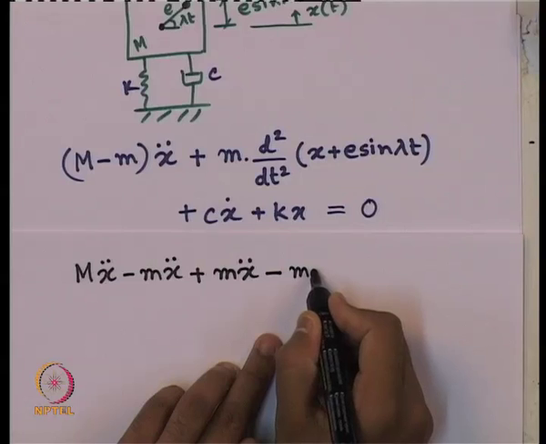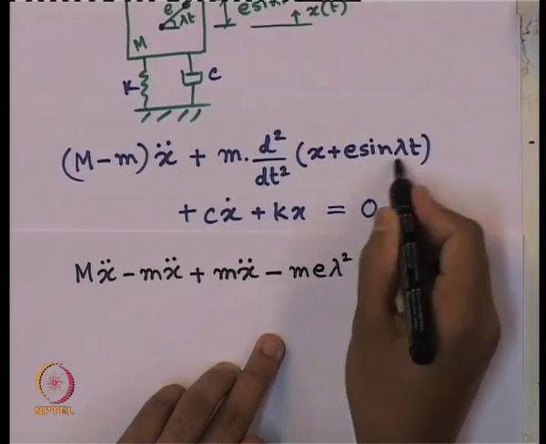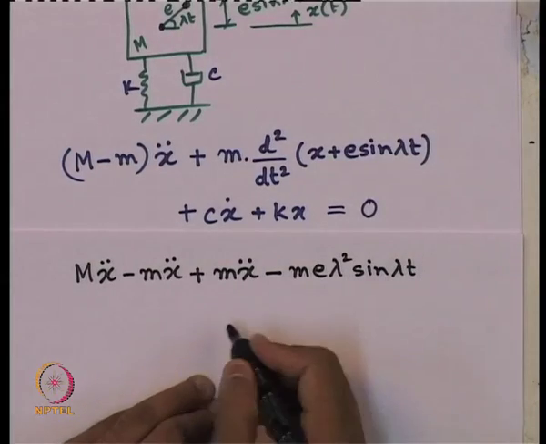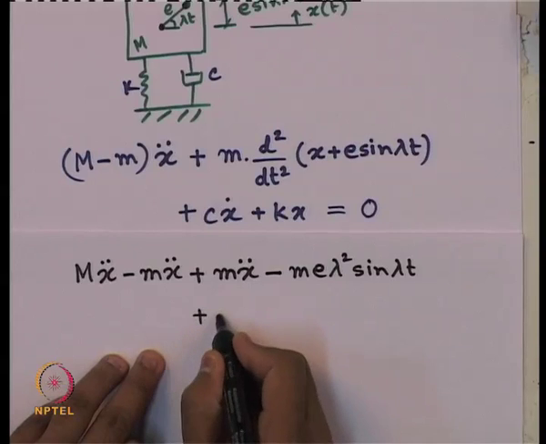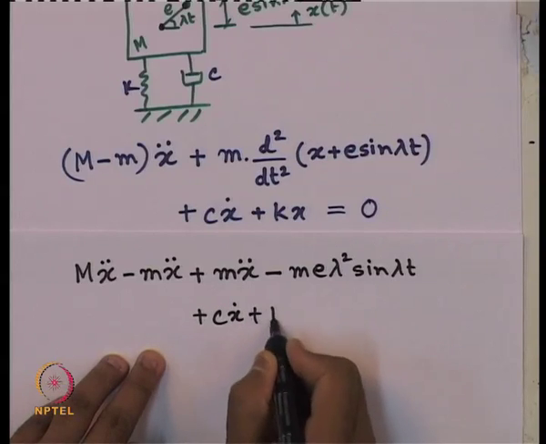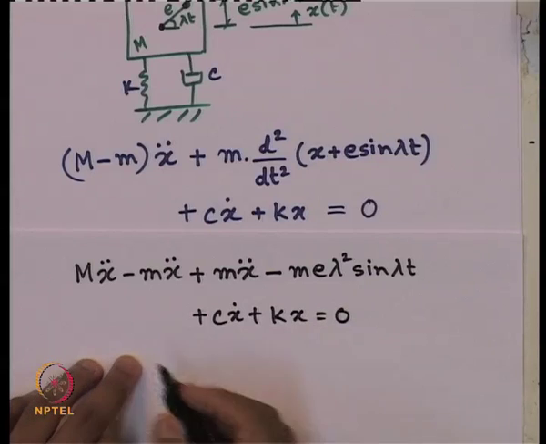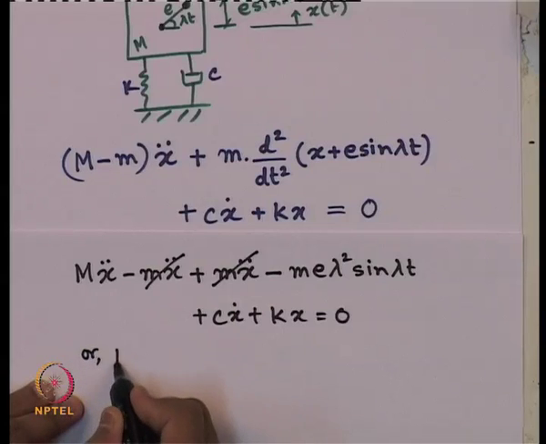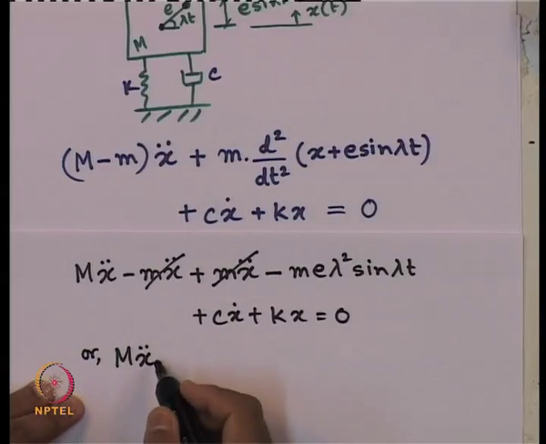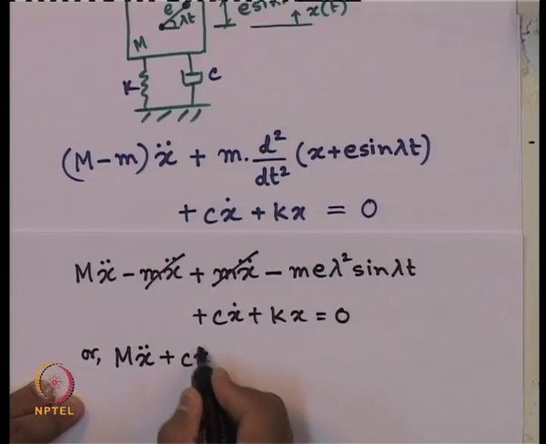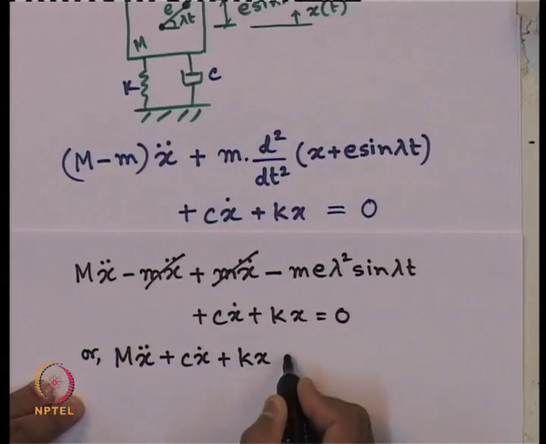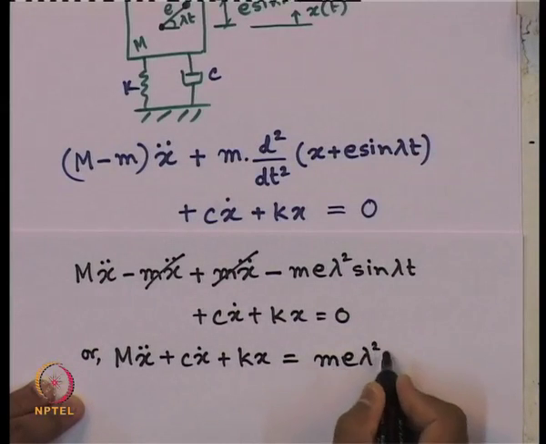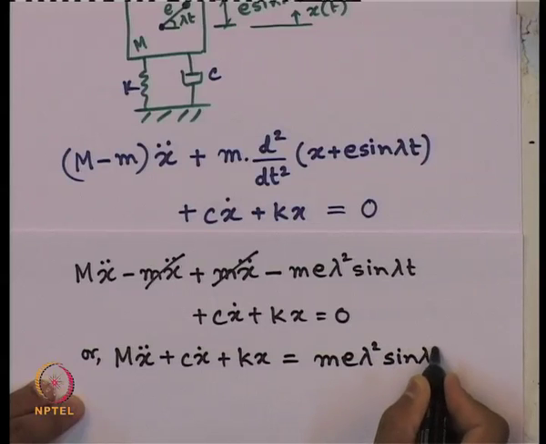So, m e lambda square sin of lambda t plus c x dot plus k x equals to 0. Now, this gets cancelled. We can simplify it further, m x double dot plus c x dot plus k x equals to, it comes to the right hand side, m e lambda square sin of lambda t.